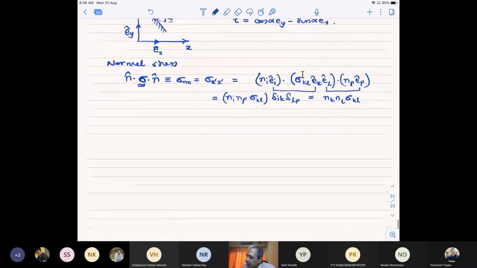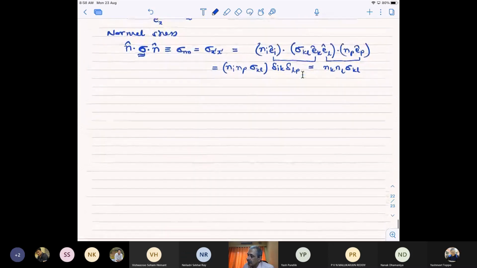So we are looking only at a two-dimensional case. So k will be either x or y, and similarly l. So if we expand this, this will be n_x squared sigma_xx, both k and l are x, plus n_y squared sigma_yy, both k and l are y.